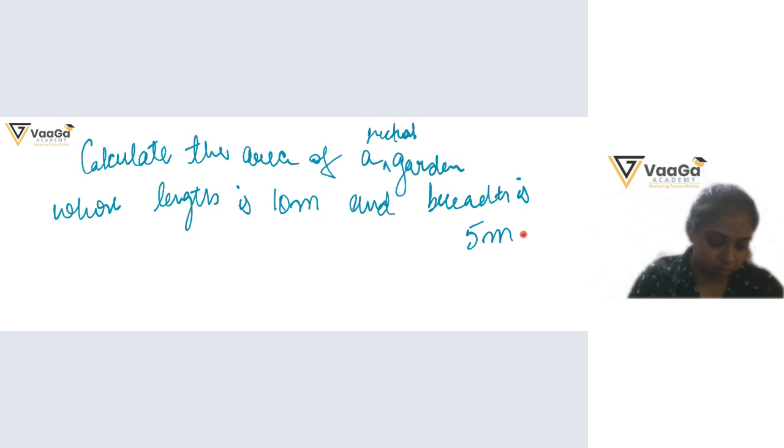Ma'am, 50. Yes, very good. What did you do? Ma'am, I multiplied the width and the length. Yes, very good.